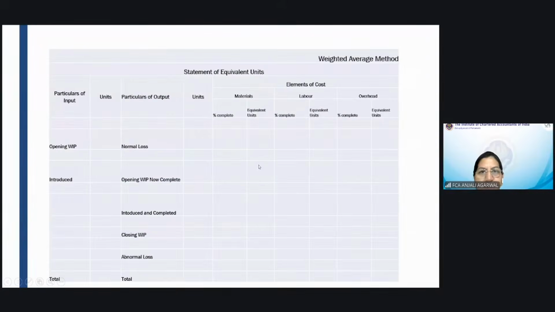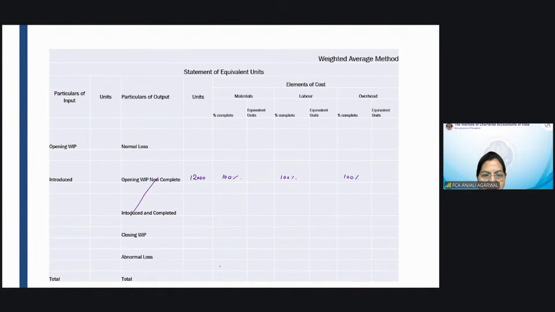Right. So I hope this is complete. So in weighted average, what will you do? You will not write opening WIP now complete or introduced and complete. This will be one only, 12,000 units, 100% complete. So opening WIP we were taking as 0%.